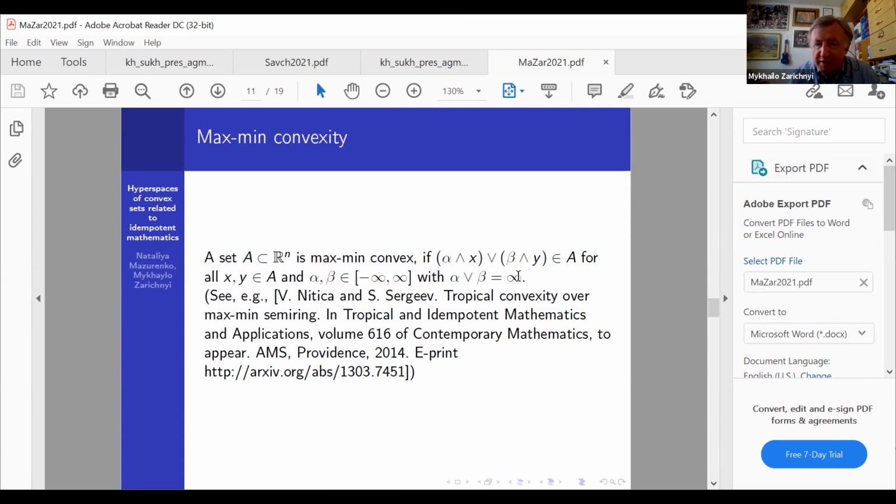But 1 is infinity, the neutral element for minimum, and plus is maximum. So for the two numbers, one of them should be infinity. I could not trace back who is the author of this notion, so my citation is not the very original, let me say so.